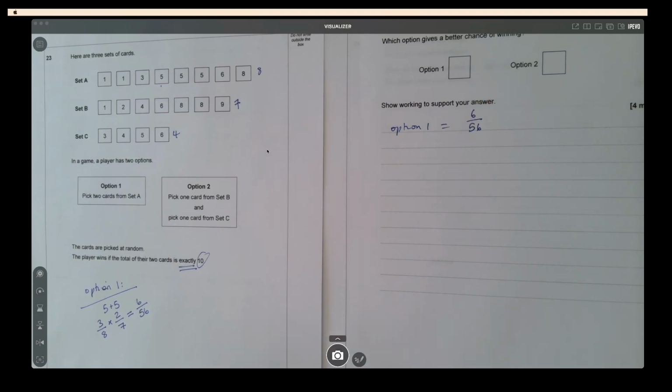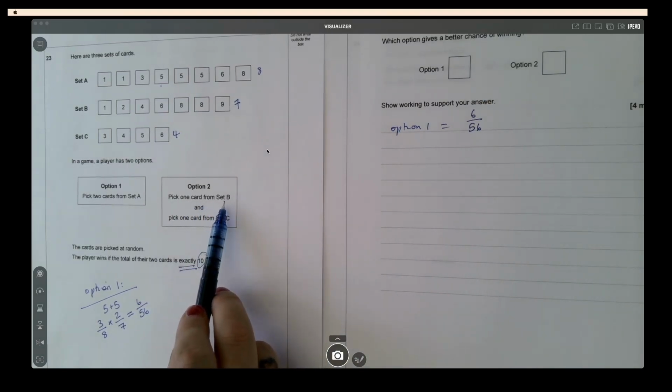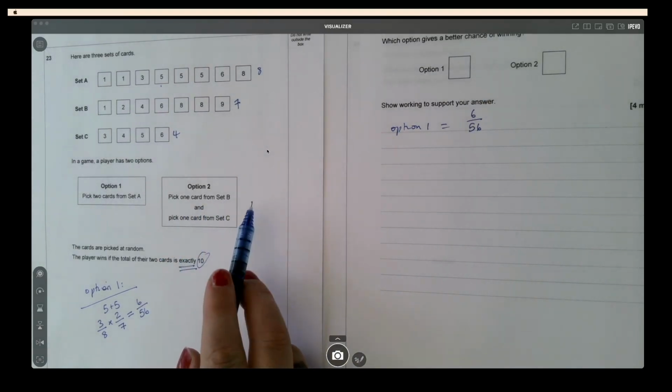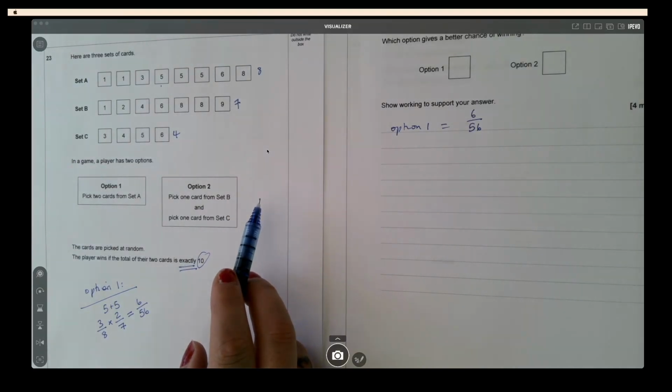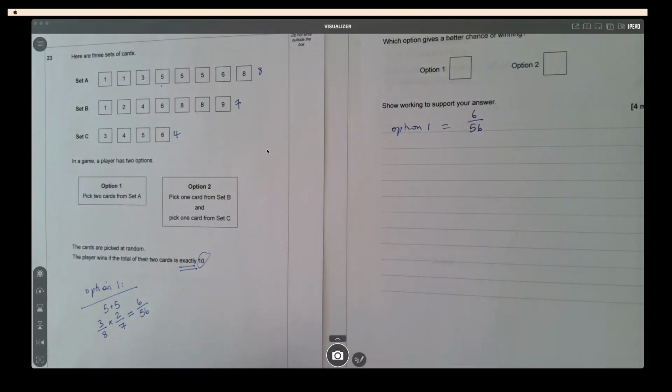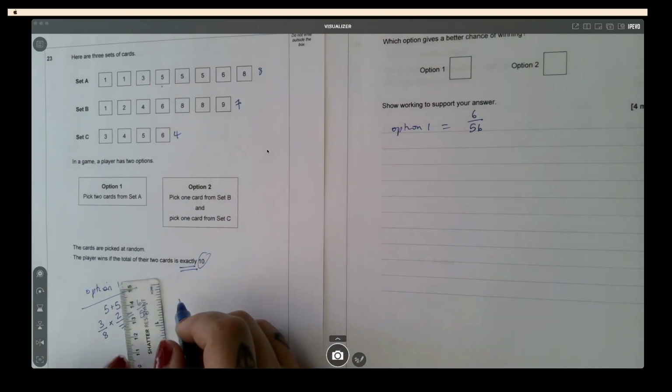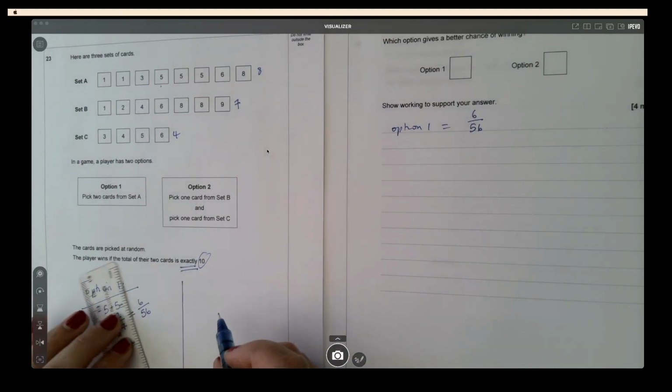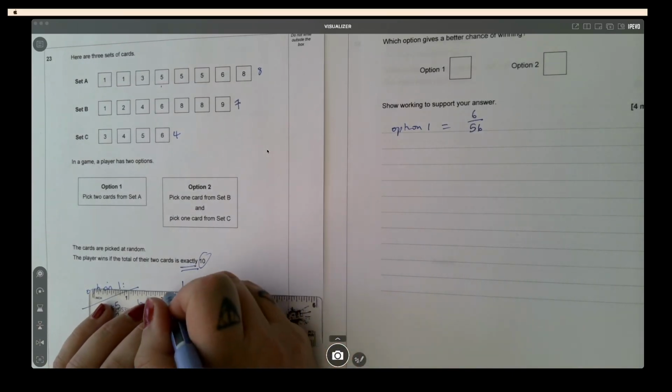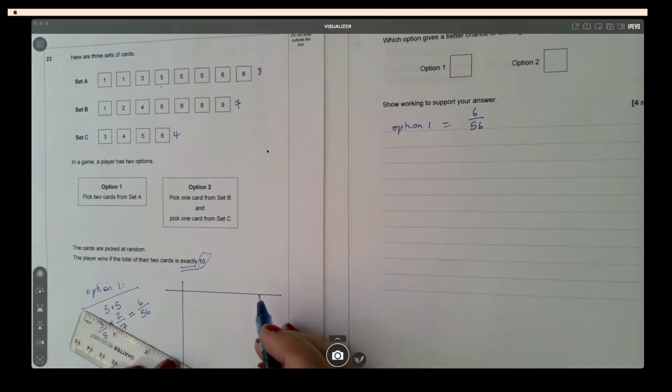Okay. Option 2 is that they pick 1 from set B and 1 from set C. So we need to figure out how many of those combinations would give us a total of exactly 10. So what I'm going to do for this is sort it into a bit of a sample space diagram.